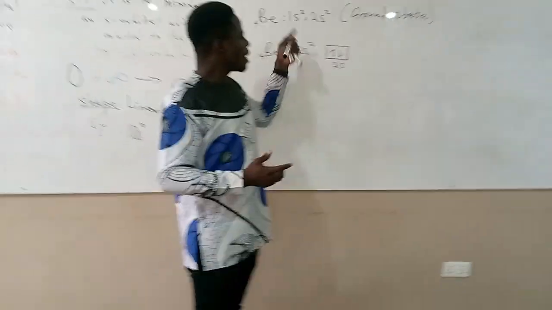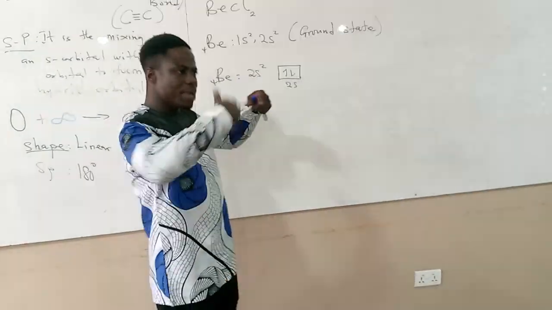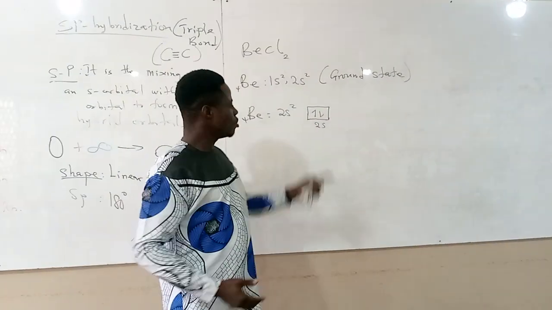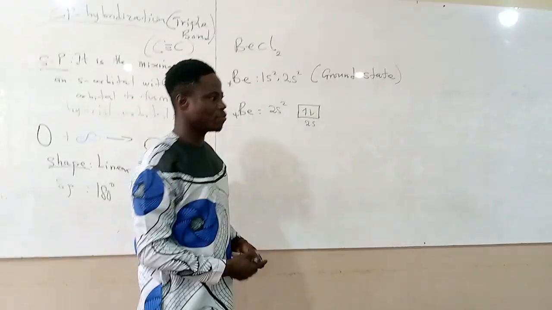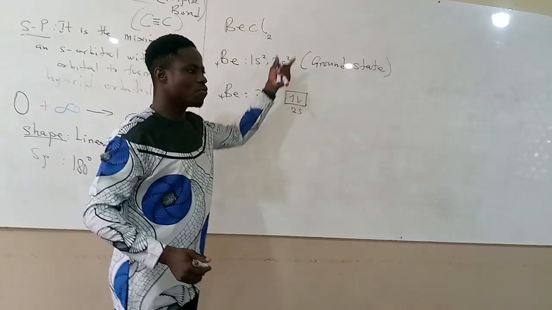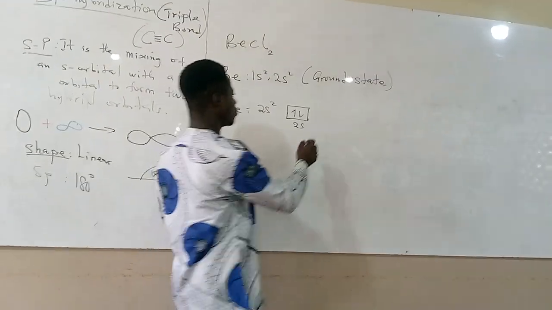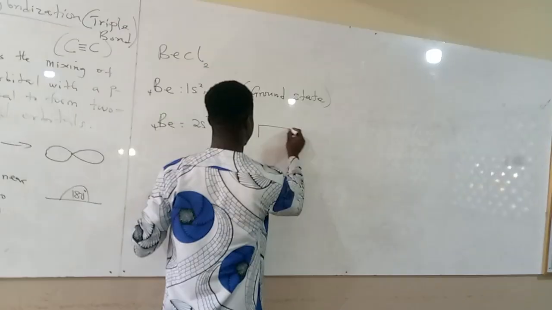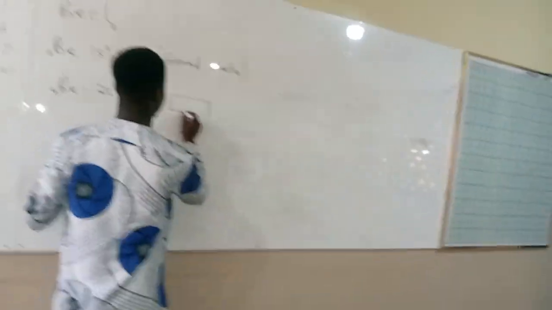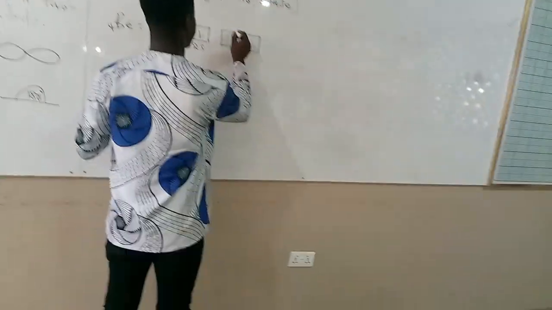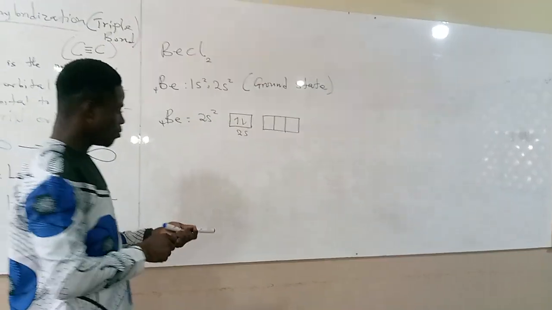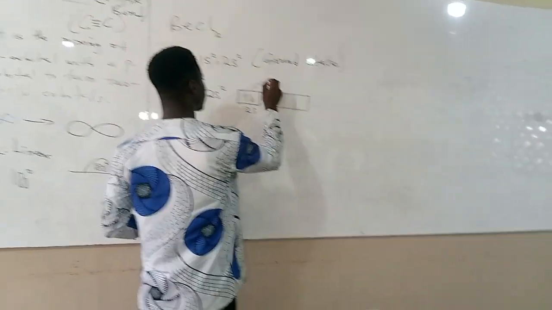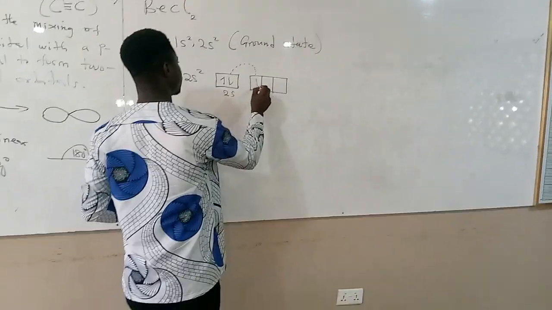So what it implies is that for you to mix this with another orbital, you need to promote this electron to a higher energy level. So from 2s, we move on to what? 2p. So this p orbital, we know is a degenerate orbital. So what is going to happen is, we are going to promote this electron here.